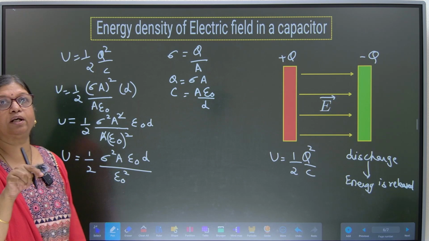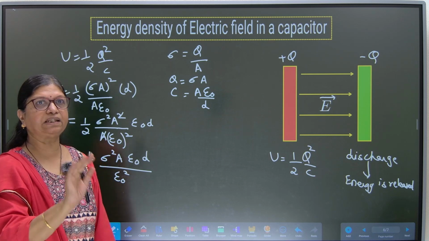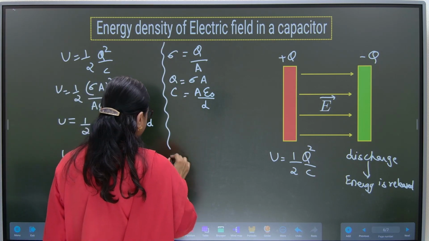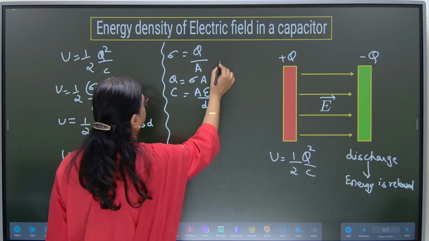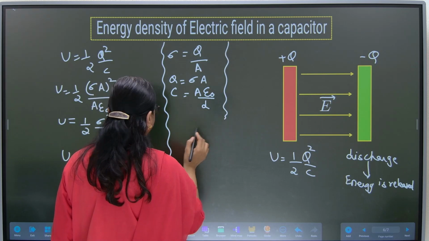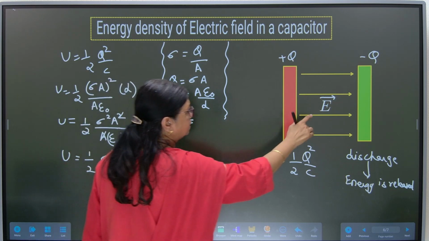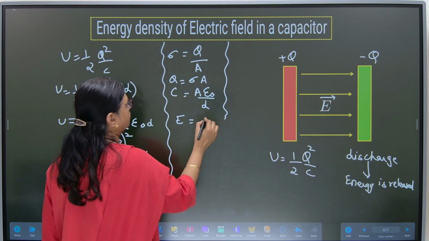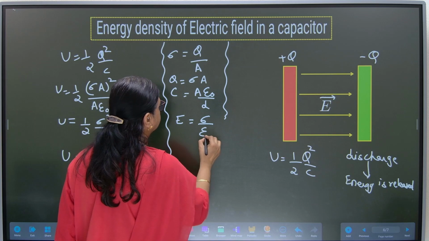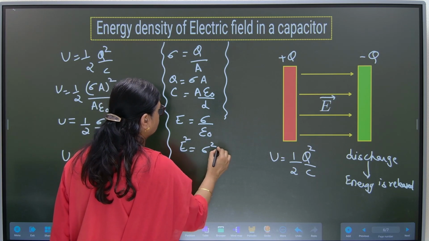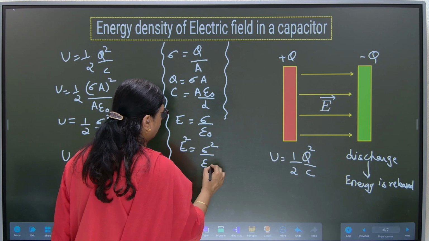But we have already learned in this chapter, which I am just jotting down here, that the E between the plates is equal to sigma upon epsilon naught. Therefore, E square is equal to sigma square upon epsilon naught square.